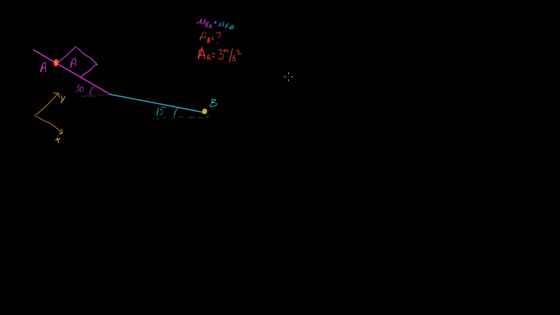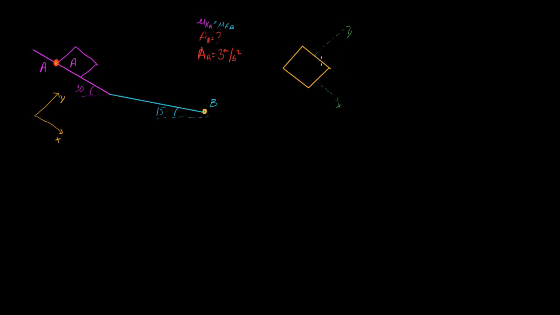So if we look at this box A and we draw a free body diagram, we have box A right here. This becomes our Y direction, and this becomes our X direction.